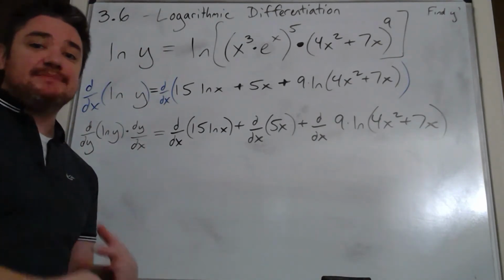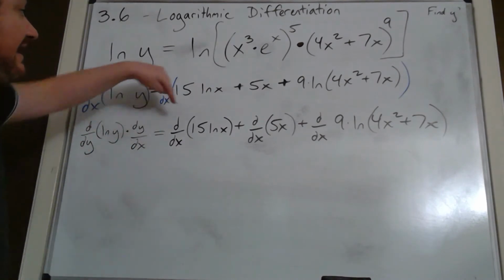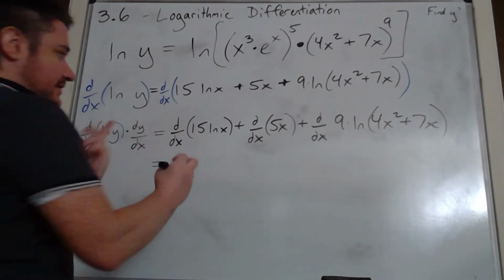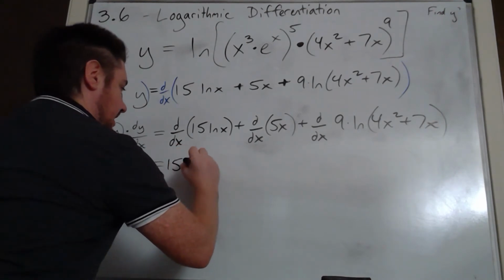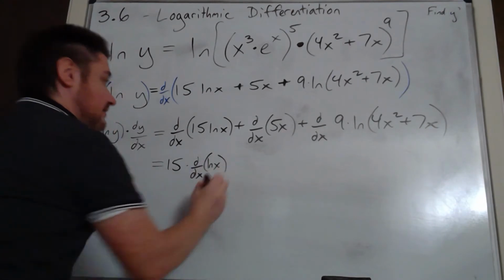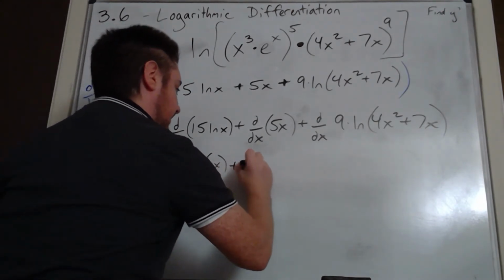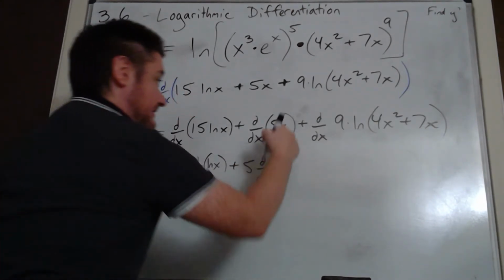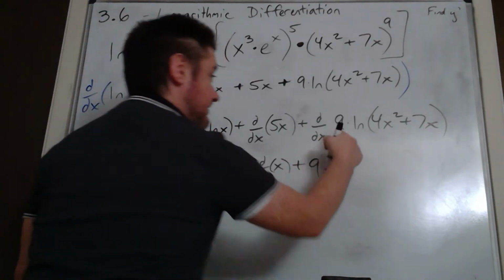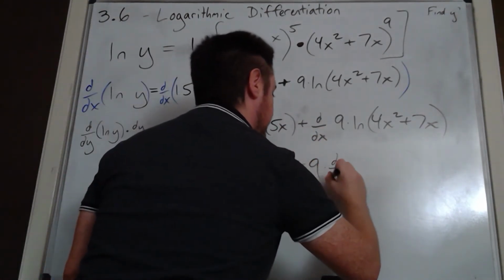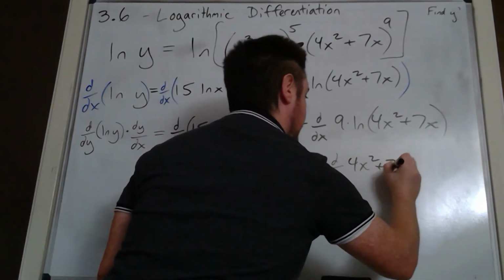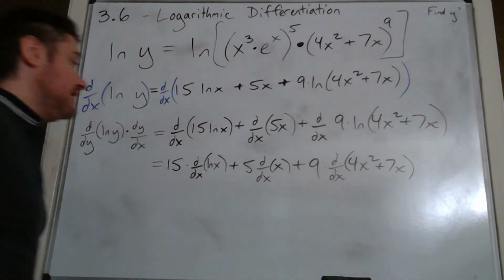And actually that reminds me of some other steps that we can do, right? Constant multiple, I can pull all these constants out in front of the derivative. So this is really 15 times the derivative with respect to x of natural log of x, plus 5 times the derivative with respect to x of x, plus 9, pull this constant out front, times the derivative with respect to x of 4x squared plus 7x, okay?